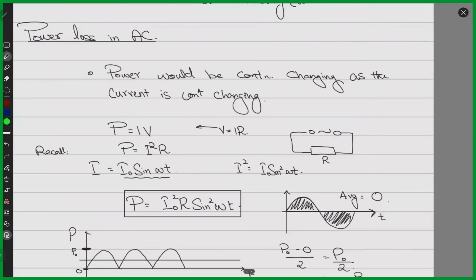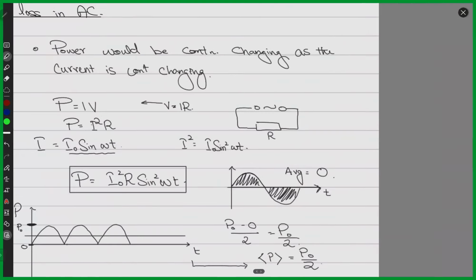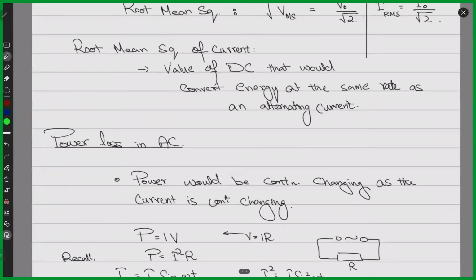Okay, so we can then go a bit further. I'll go to the next page. This P, what was this thing? The average power, right? The average power is the expression we wrote down, which was what was it? I keep forgetting. P naught by 2, right? So the average power, which is P naught by 2, is then what is P naught?